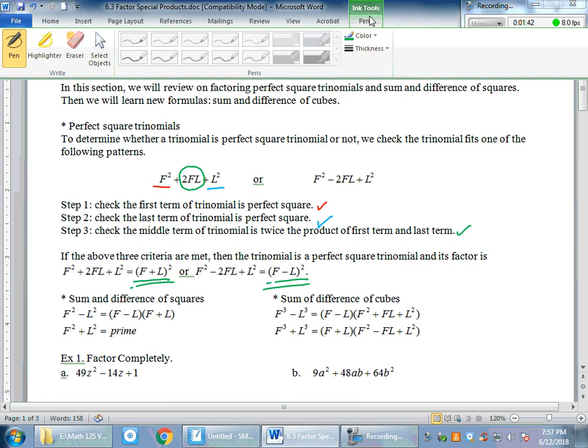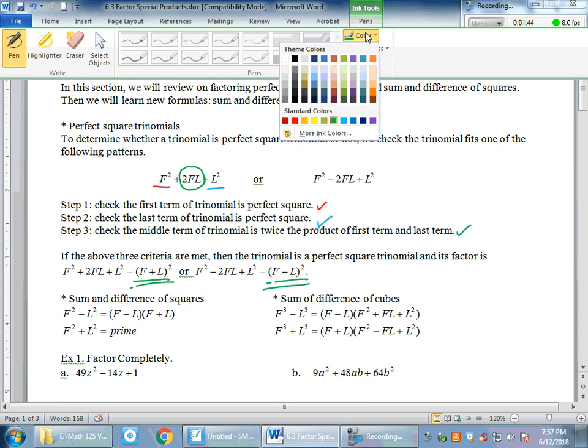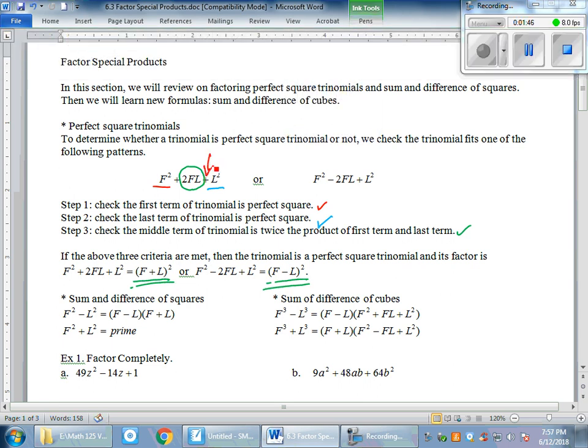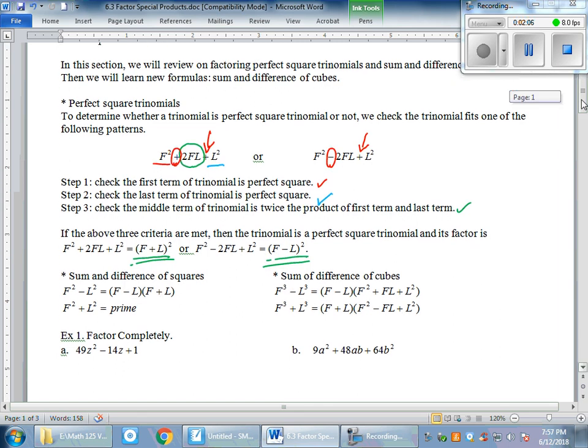Remember that we check the middle term: it will be both positive if the middle term is plus, and both negative if the middle term is negative. So now, let's go back and review a few examples.